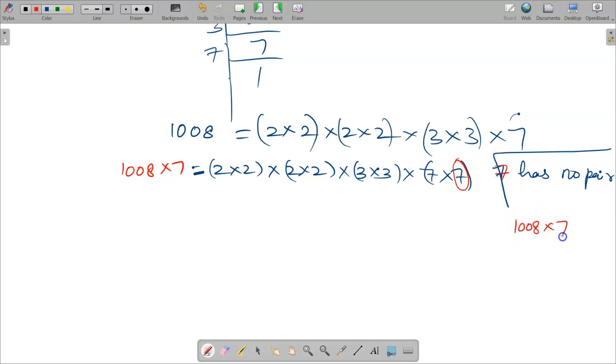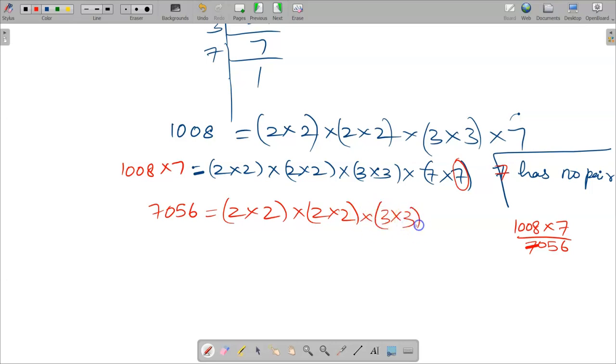1008 into 7. So 8 7s are 56, so 5 here, 7 into 0 0, so 7. So 7056 on the left hand side is a perfect square number, which I can write as 2 into 2, 2 into 2, again 3 into 3, and 7 into 7.